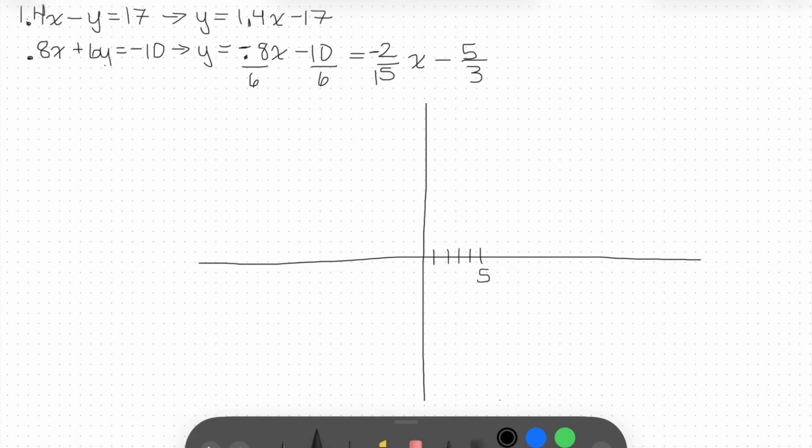I kind of lost my space there, though. So I'm going to go 1, 2, 3, 4, 5. So I'm going to put 5 right here. And then 1, 2, 3, 4, 5. So that'll be 10. And that'll be 15.